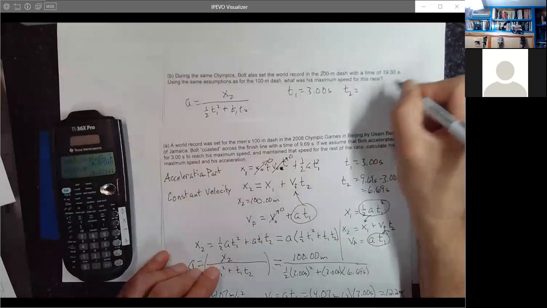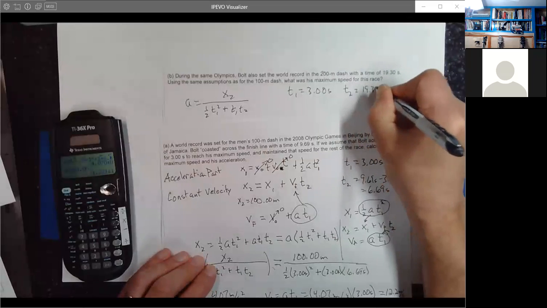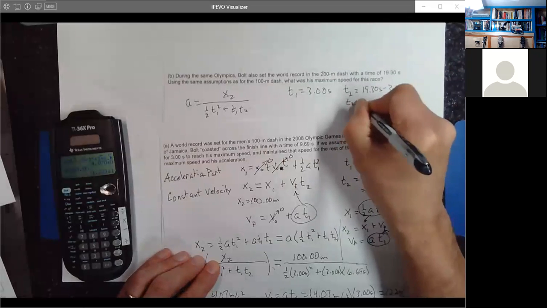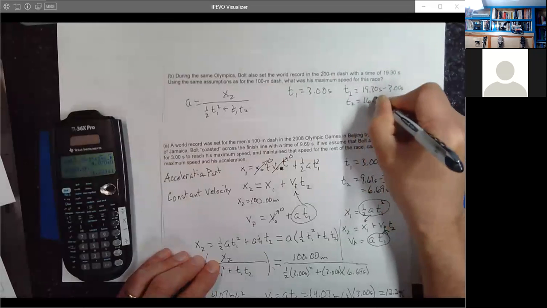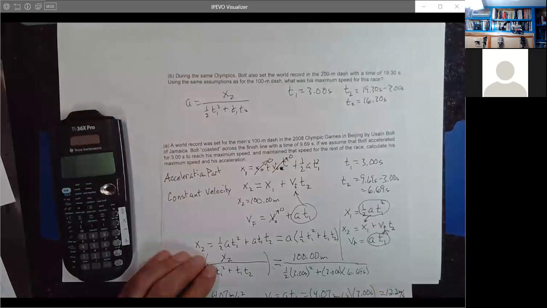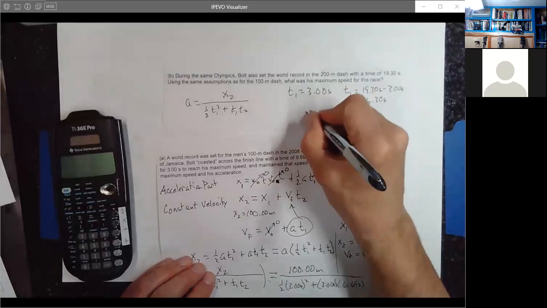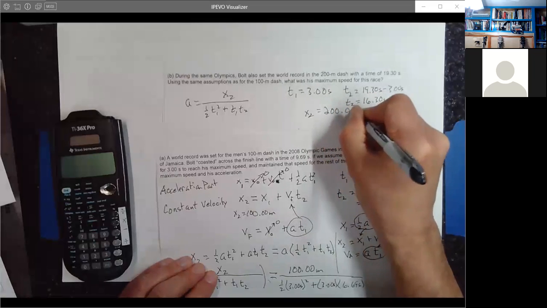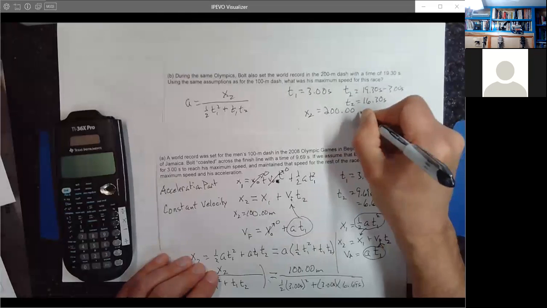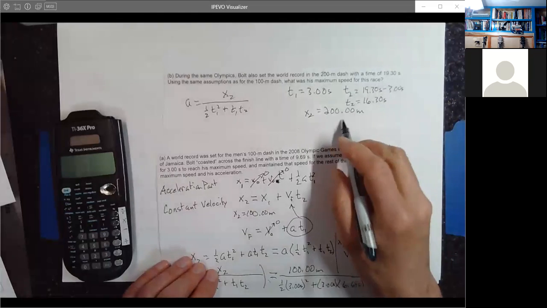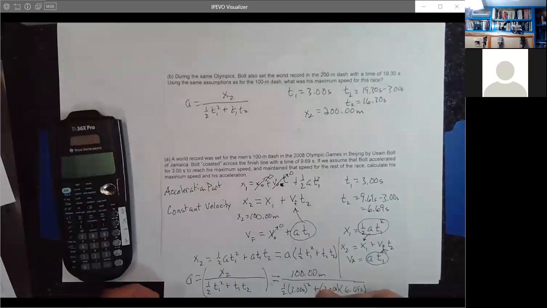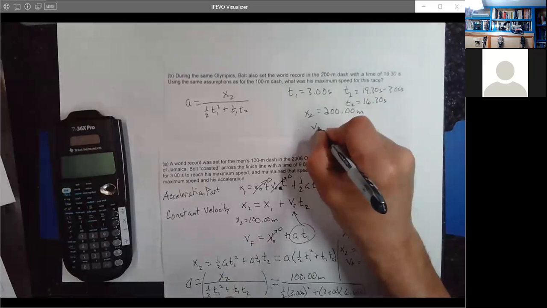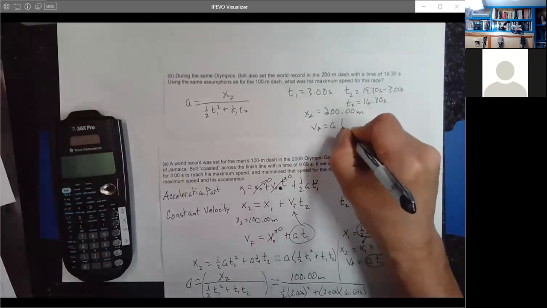T2 will equal 19.30 seconds minus 3.00 seconds. So T2 is going to be 16.30 seconds. And X2 in this case is going to equal 200 meters. And I bet it's probably measured to at least the nearest centimeter as well, so I'll call it 200.00 meters. So I'll figure out the acceleration, and then the V final will again equal A times T1.